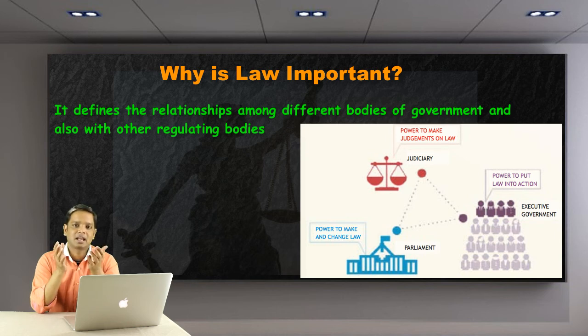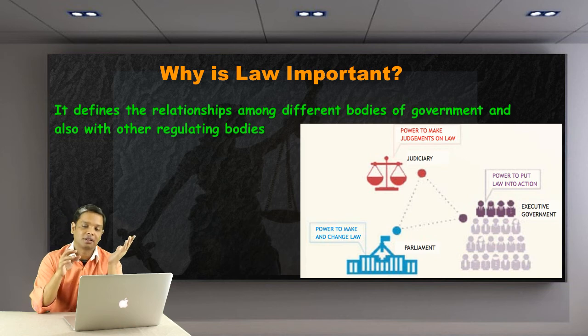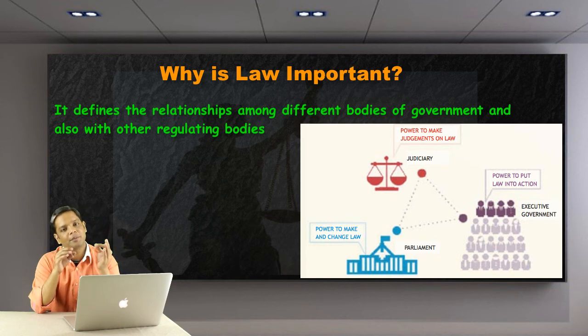So these are the things again guided by the law. And lastly, in this point, other regulating bodies. Whatever other departments there are, everyone is under the purview of law. So all relationships, even our personal relationships, are guided by the law. Forget about the government. Starting from the government to the personal level, everything is directly or indirectly guided by the law itself.